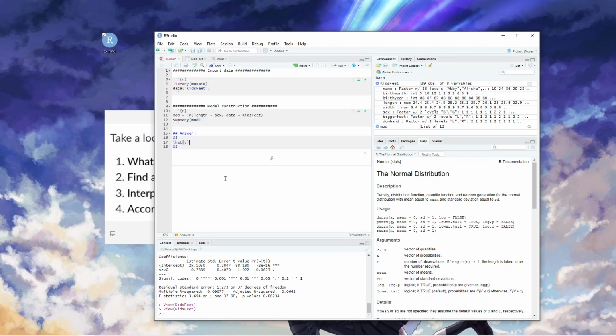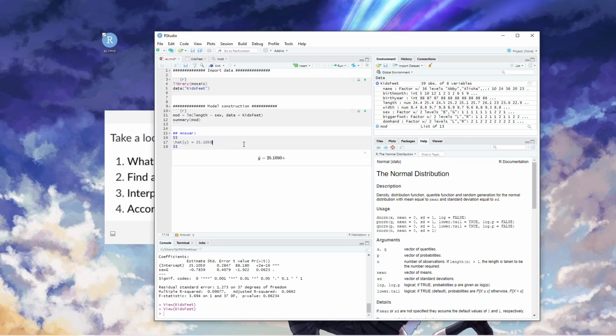So y hat is the predicted value. Your y hat will equal our intercept, which is beta 0, plus beta 1.